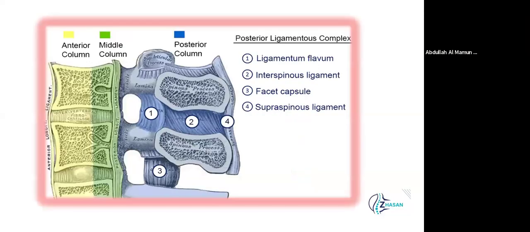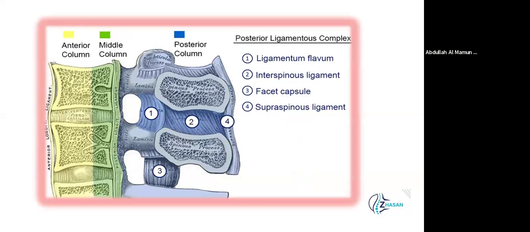So what is the PLC? The posterior ligamentous complex comprises the ligamentum flavum, number 1; number 2, the interspinous ligament; number 3, the facet joint capsule, bilateral; and the supraspinous ligament. If any one of them is injured, then the PLC is ruptured.